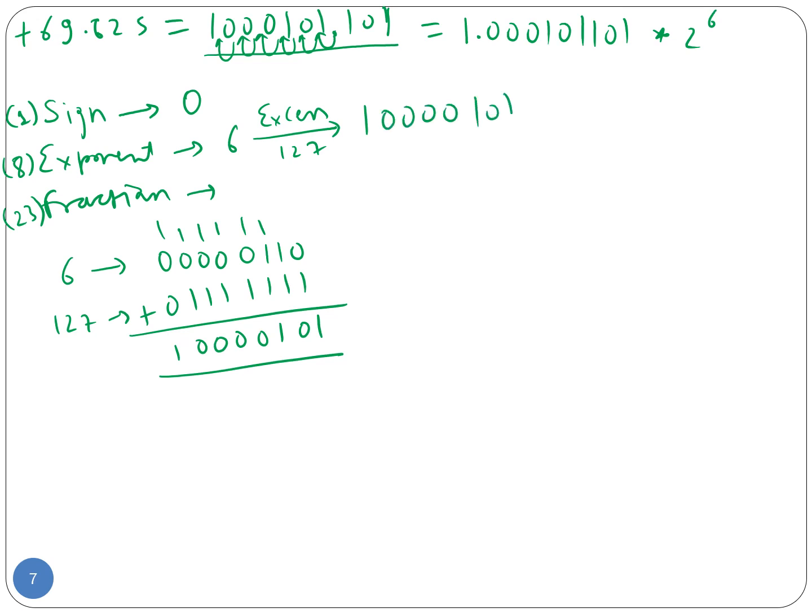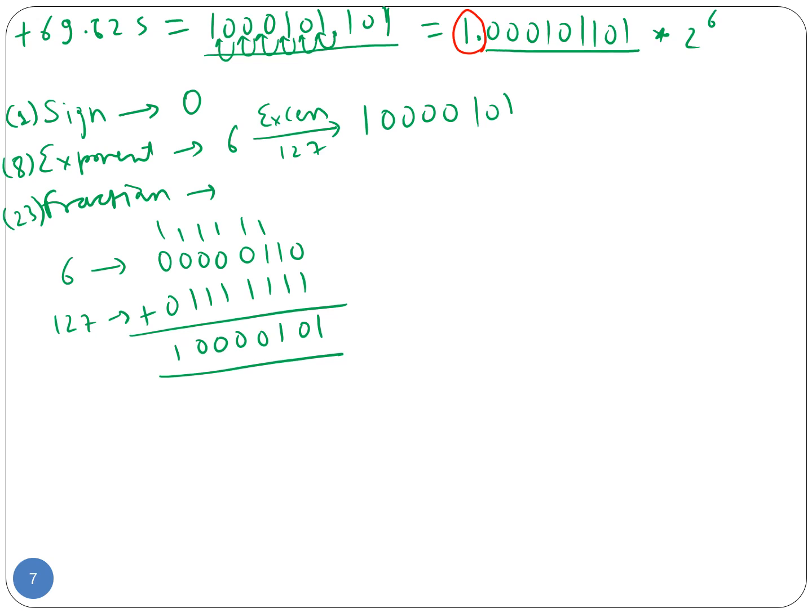Okay, and finally the fraction. Recall that it only stores the binary string that follows after this binary point, right? The leading 1 is always assumed or implied because we are always converting the binary representation of the decimal number into scientific representation.